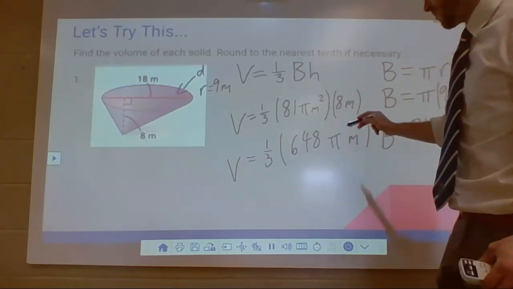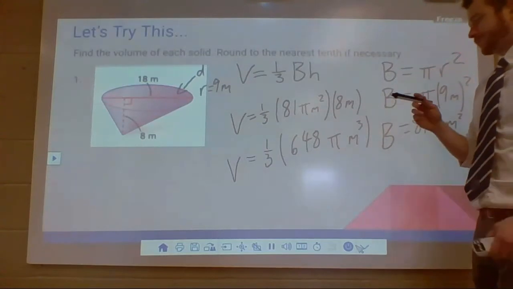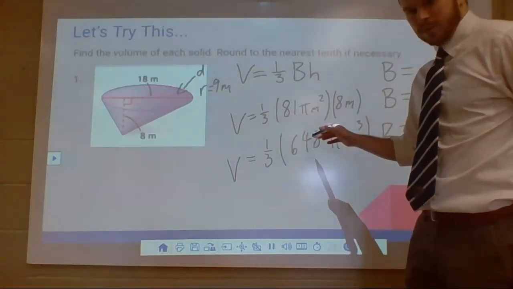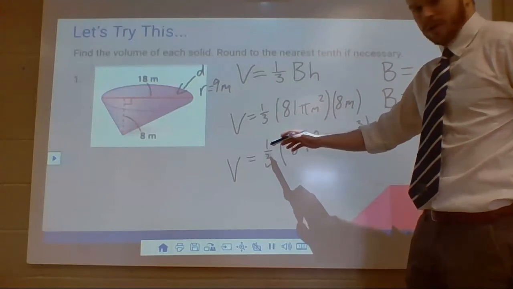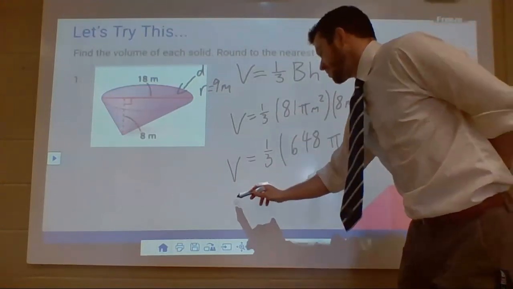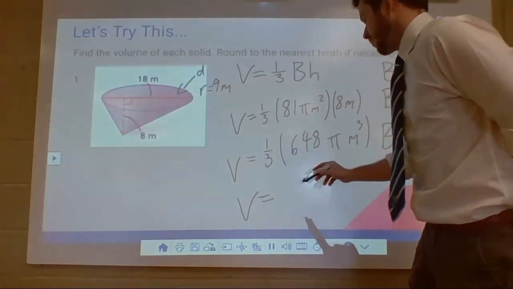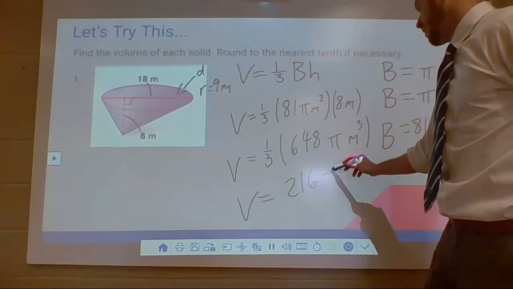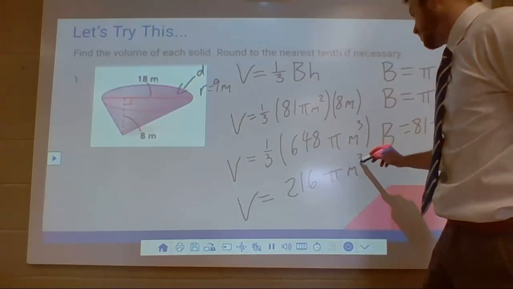Meters squared times meters is meters cubed, right? So what are we going to do with that 648? We're multiplying by 1/3, right? So divide it by 3. 648 divided by 3 is 216. And then pi meters cubed.